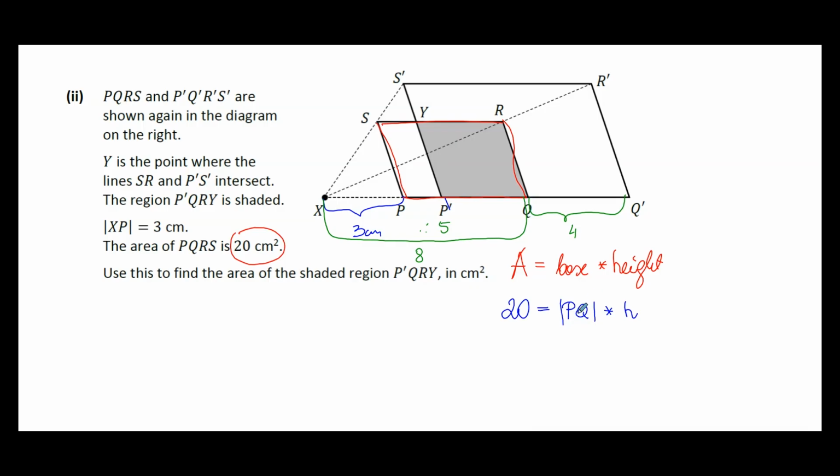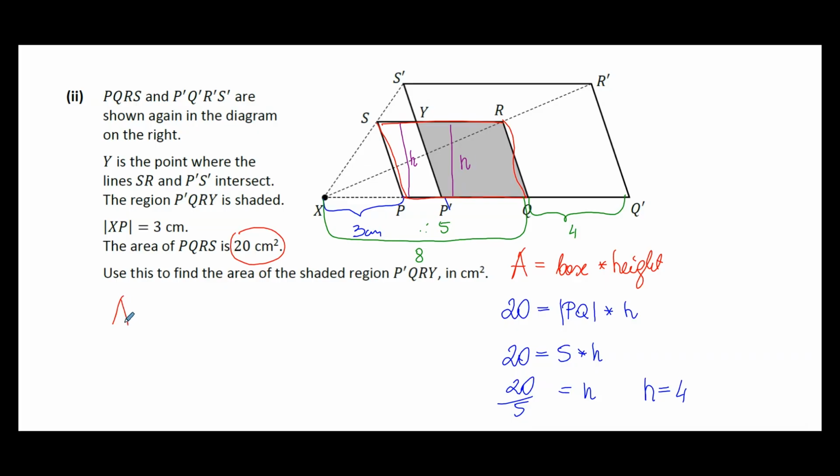So now I know that PQ is 5. If I want the height, I divide 20 by 5, and I have that the height is 4. Why is that important information? Because the height of this one is the same as the height here.